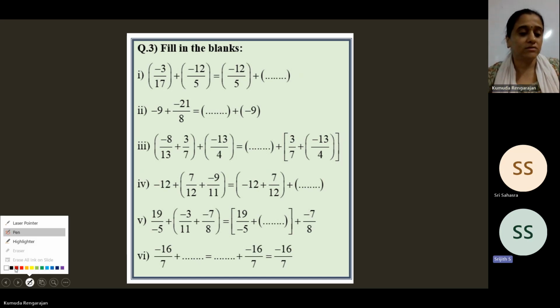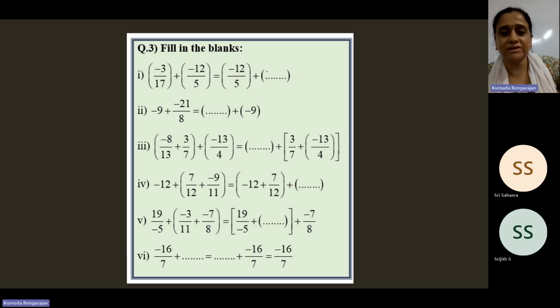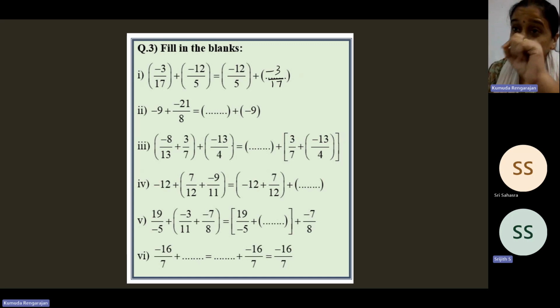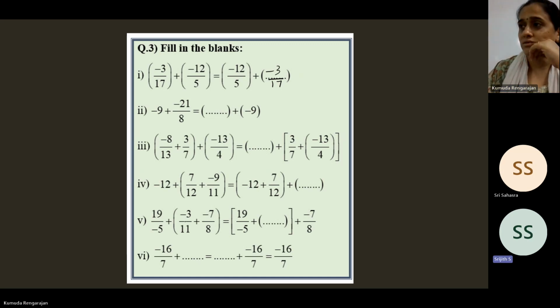Okay. So the answer is minus 3 by 17. And the property we have used to complete this equation is the commutative property of addition of rational numbers. You must state the operation also. Commutative property of addition of rational numbers.